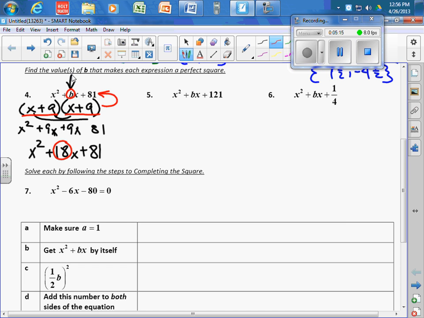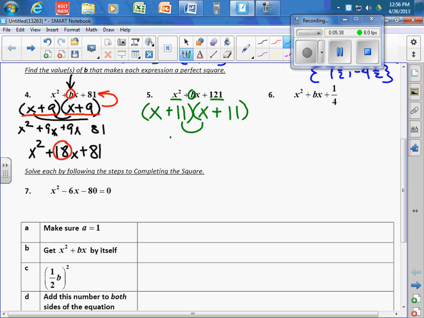Let's look at number 5. If I were to factor this, I would end up with two sets of parentheses, right? And x times x is the x squared, and 11 times 11 is the 121, right? Put a couple of plus signs in here, and what would b have to be equal to?